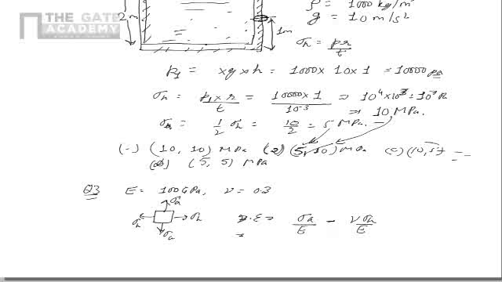So if I solve for this, I get sigma A is 5 MPa divided by 100 into 10 to power 3 MPa, because we have to convert E to MPa, minus 0.3 into 10 upon 100 into 10 to power 3. So if I solve this equation, what do I get?